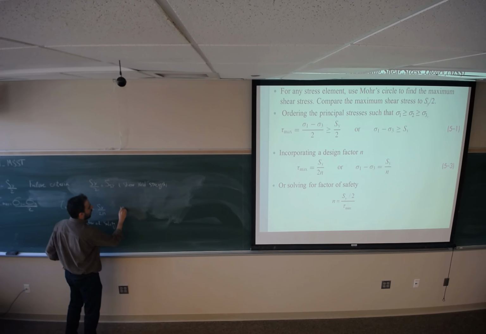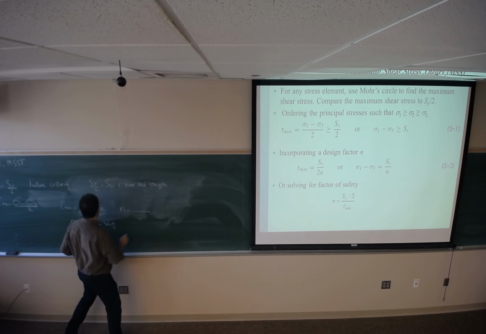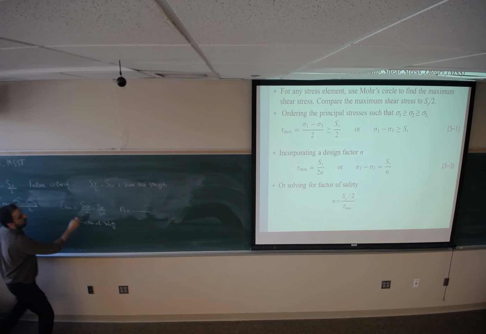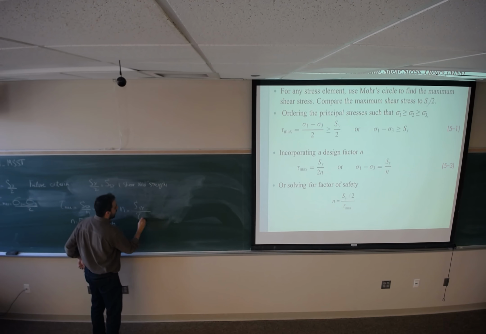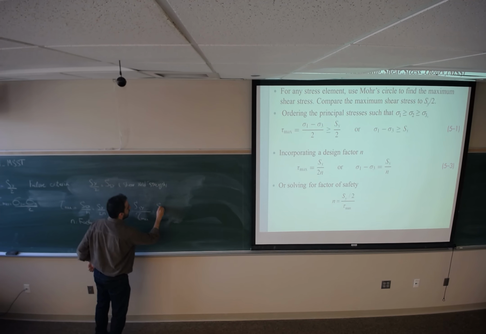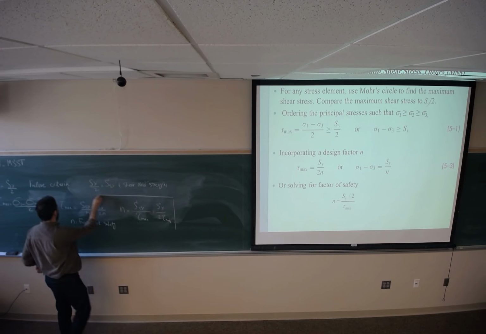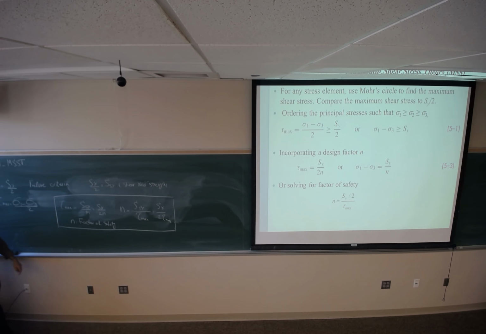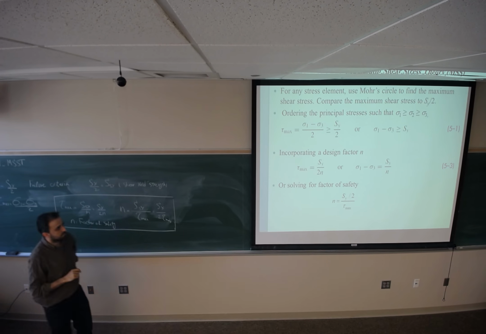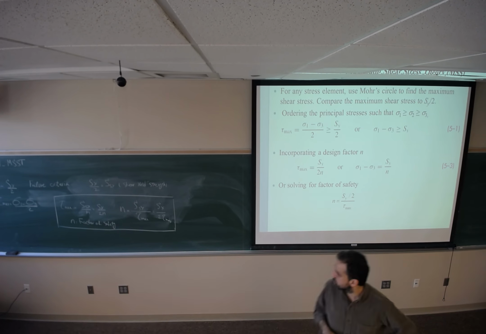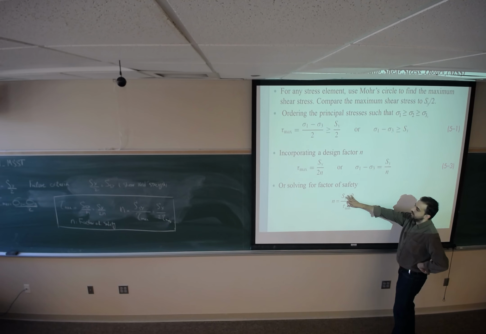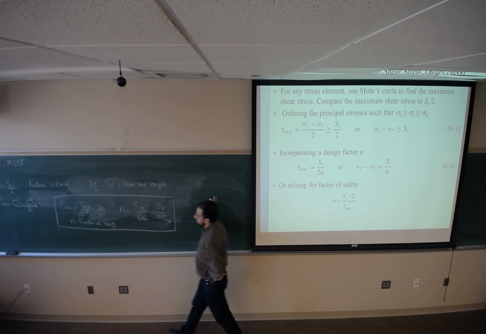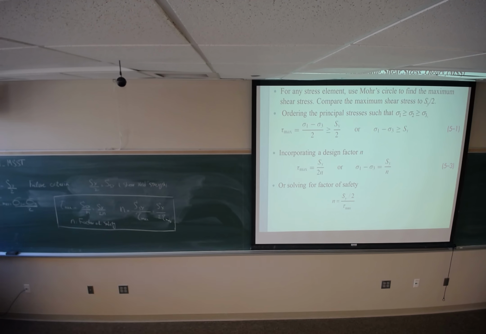If you want to calculate factor of safety, the factor of safety is going to be Ssy divided by tau max, or Sy divided by 2 tau max. So these are what you need to know about this theory. If you are solving for factor of safety, we are using this. If you incorporate the factor of safety, you have to use that equation, which are the same.